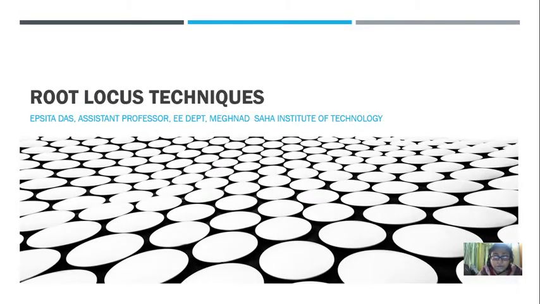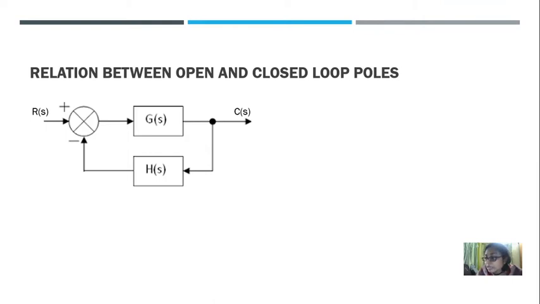So, the primary idea of root locus is the relation between open and closed loop poles. Now, what is actually an open loop pole and what is actually a closed loop pole? We all know that this system given here is a very standard expression of a closed loop in control system.